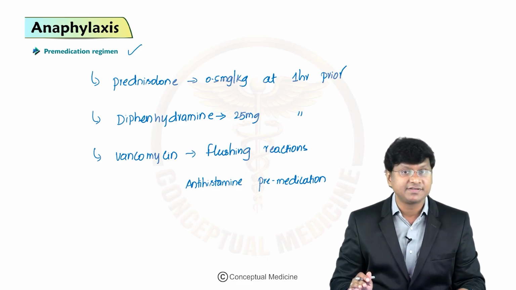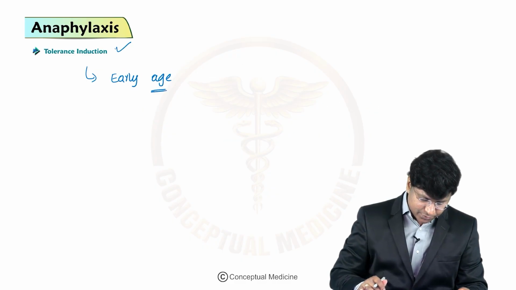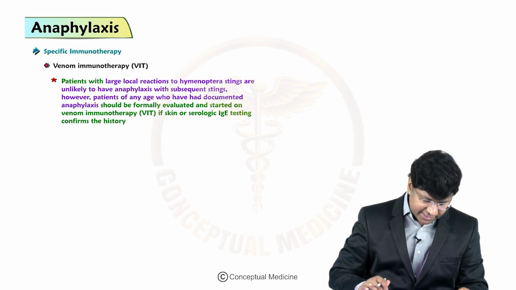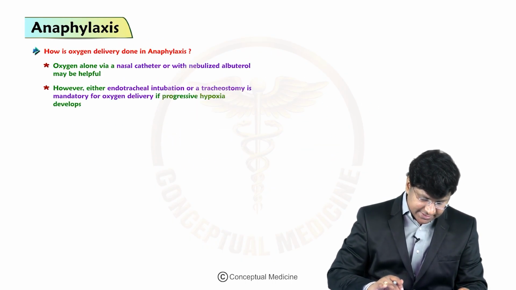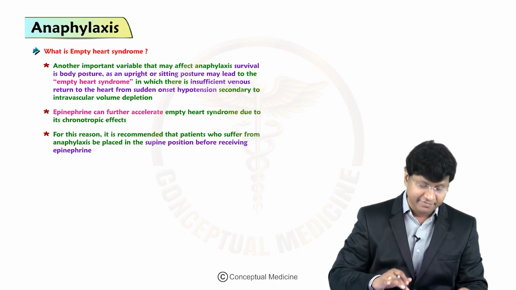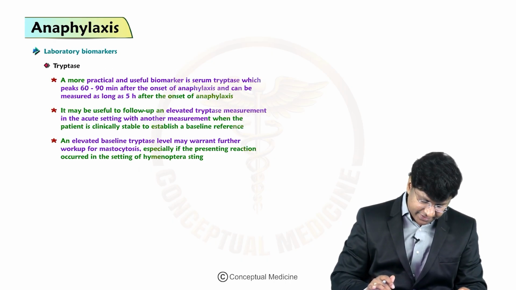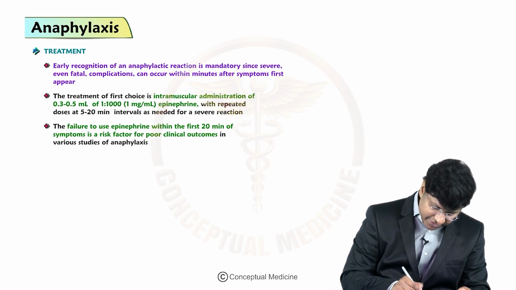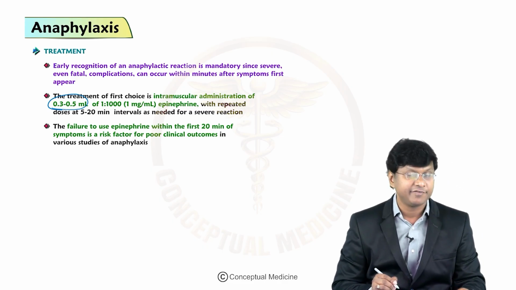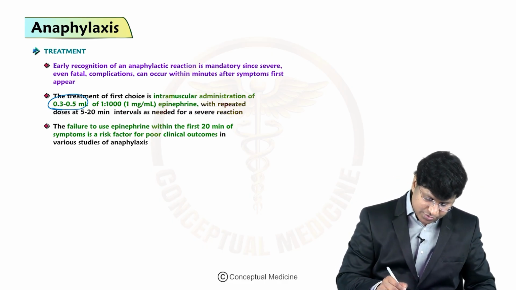So to summarize the treatment once again, first and foremost, the very important drug of choice will be epinephrine. You have to give 0.3 to 0.5 ml of 1:1000 epinephrine.